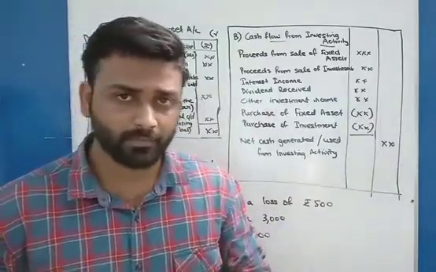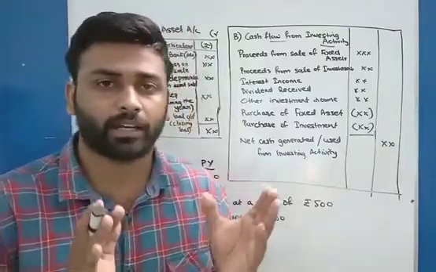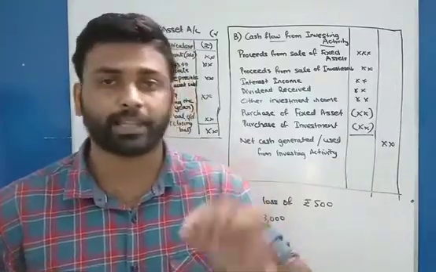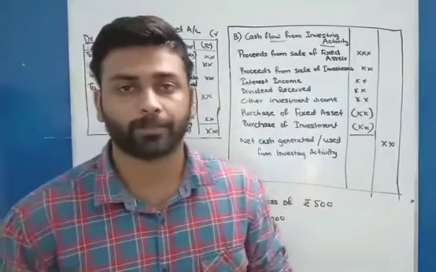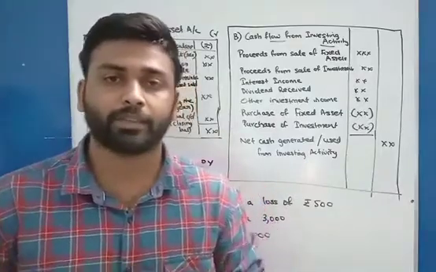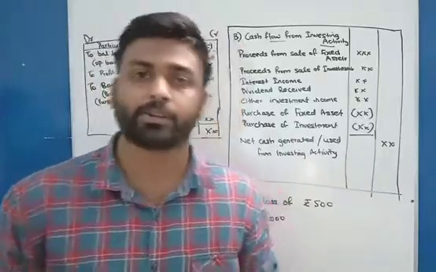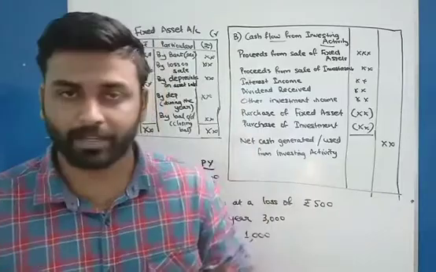How can we find the sale amount as well as the purchase amount of fixed assets? For that we need to draw a fixed asset account. You have studied this in class 11, like machinery account, investment account, building account and so on, but I will explain once again.